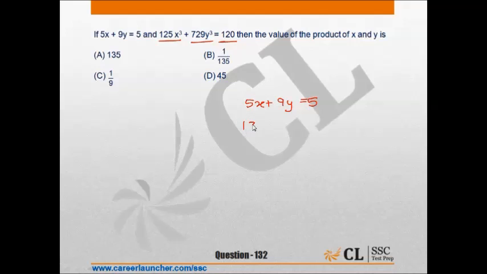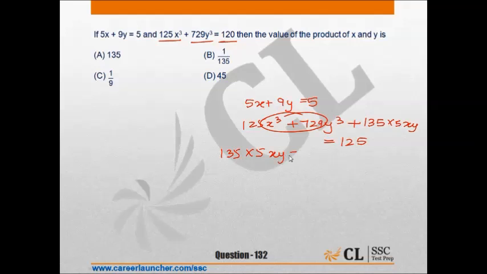Cubing both the sides, we get 125x cube plus 729y cube plus 135 into 5xy is equal to 5 whole cube, that would be 125. The value of this is given as 120. So we get 135 into 5xy is equal to 5. So the value of xy comes out 1 upon 135. Hence our answer is option B.